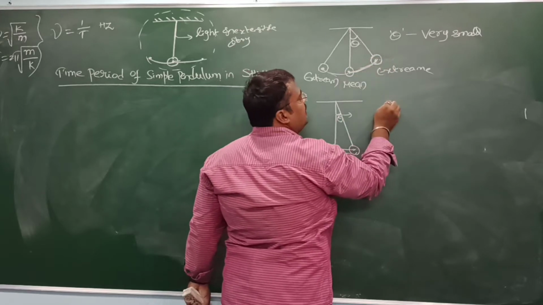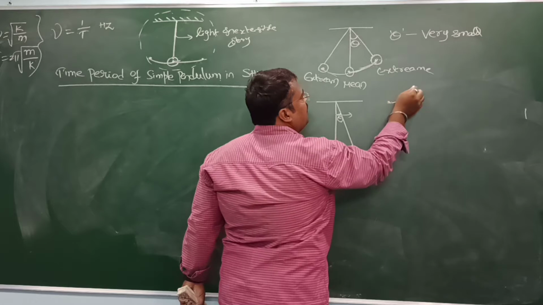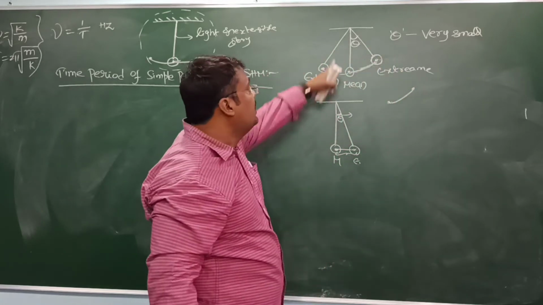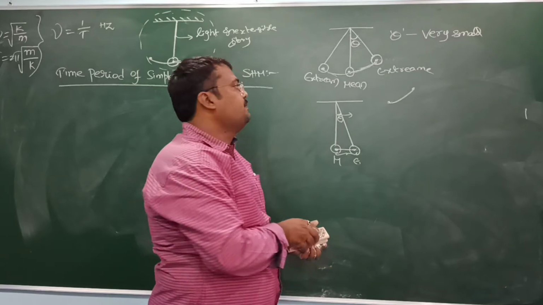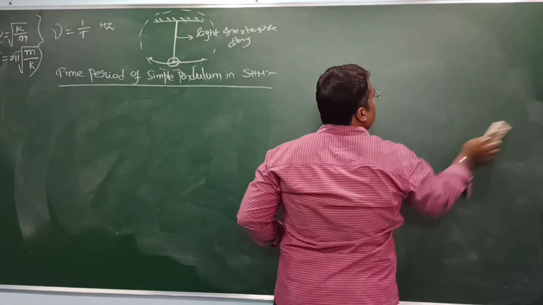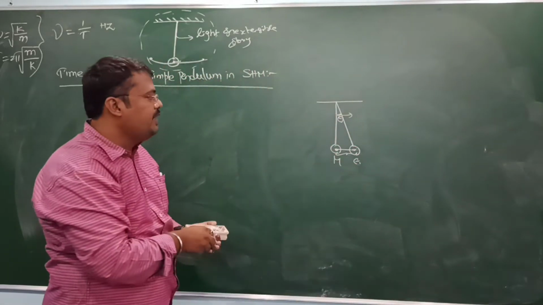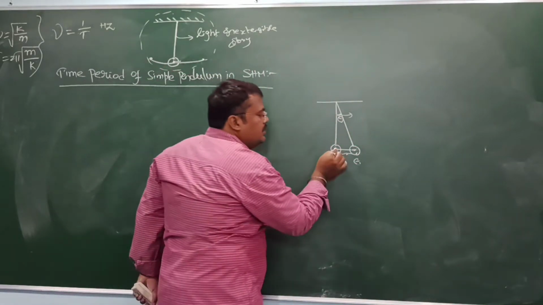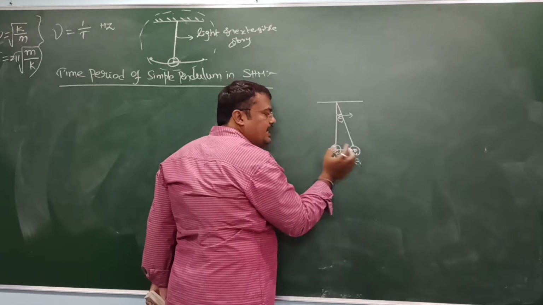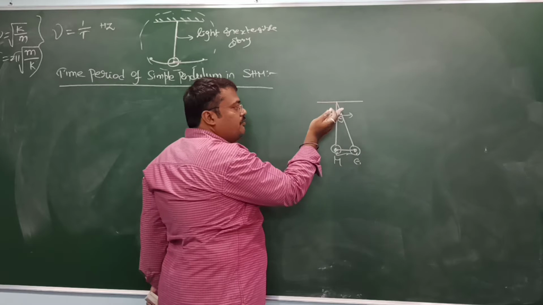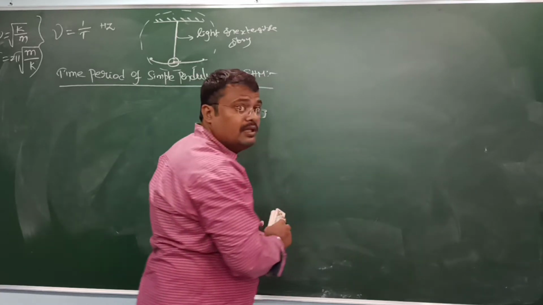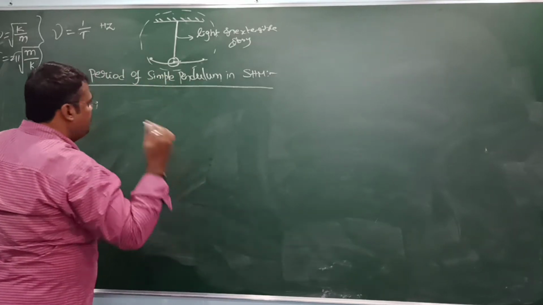This path is nothing but an arc of a circle, so we take all the parameters related to the angular, like angular displacement and angular velocity of the particle. But the main point is the particle does a linear path here, and for visual purpose I want to draw a big picture. That we have to remember.